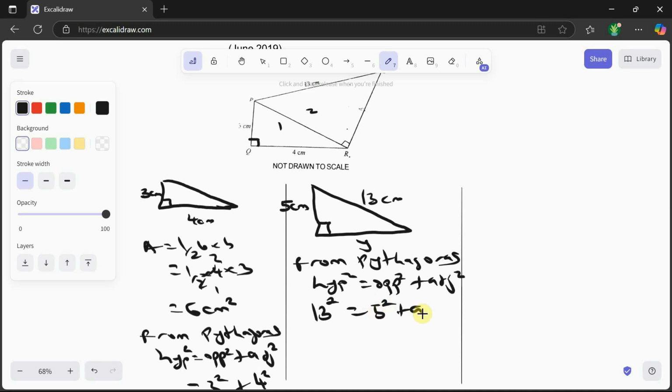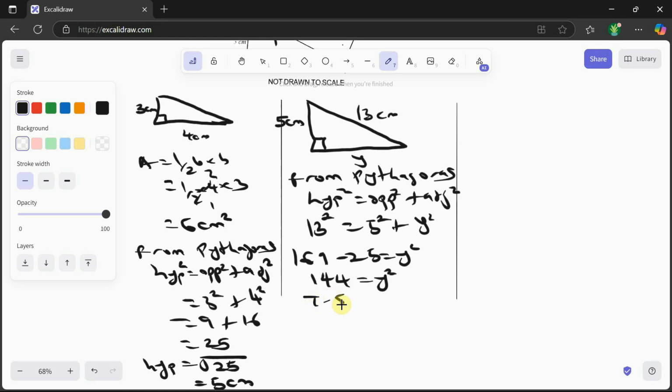The adjacent is unknown, we said that is Y, so Y squared. So 169 minus 25 is equal to Y squared, and this will be 144 is equal to Y squared. If I take the square roots of both sides, Y is equal to 12 centimeters.